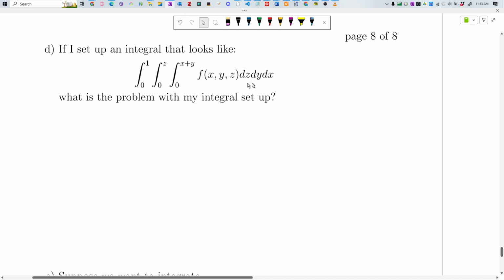So z is inside of x, which is fine. z is inside of y, which is fine. But y ends up depending on z. So you have this kind of cyclical dependency, which is not possible.